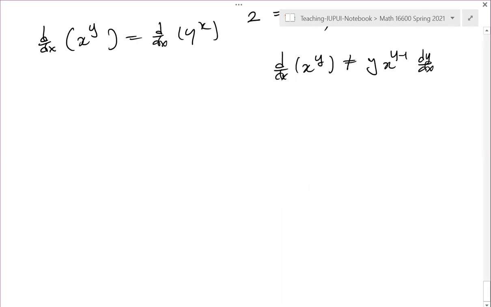There's no such formula, because the first part is wrong. You cannot view y as a constant, so you cannot apply the power rule to this problem, because y and x are related.